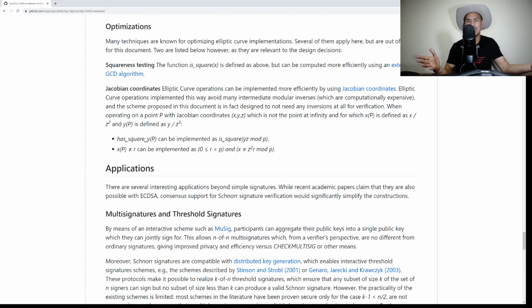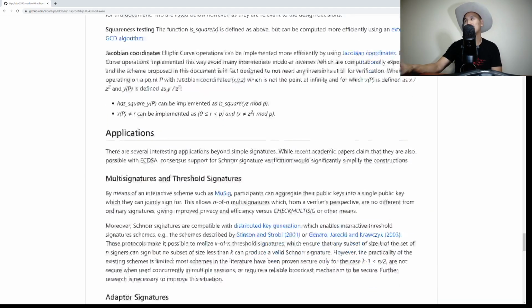And division is essentially inversion, right? If you have R, division is doing 1 over R. That's what an inversion is. So this makes for a much better optimization. It's a design decision to make it easy for nodes to be able to verify these things.